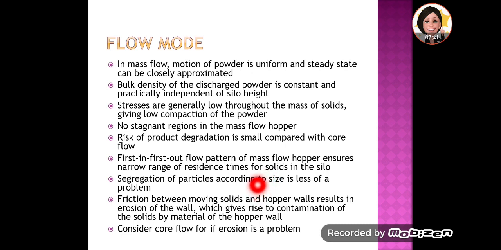That will require some mechanical repair as well. So when erosion becomes a problem, when the powder doesn't get along very well with the material of the hopper, then we can consider core flow for that particular powder used in production.